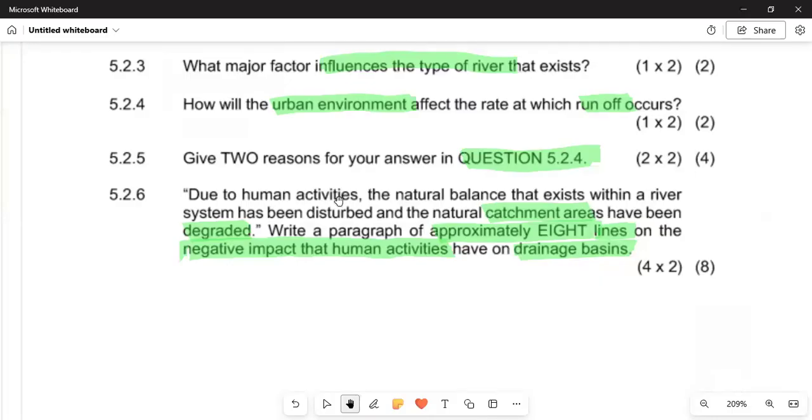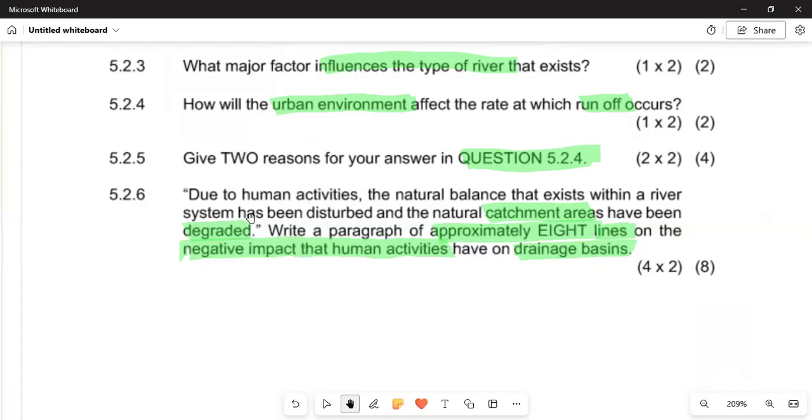And then we are saying the natural balance that exists within a river system has been disturbed, and natural catchment areas have been degraded. Because we are throwing garbage everywhere, and that garbage is going straight to our areas of water, and then our catchment areas become blocked because of these activities.